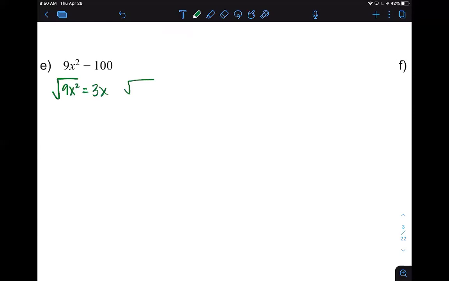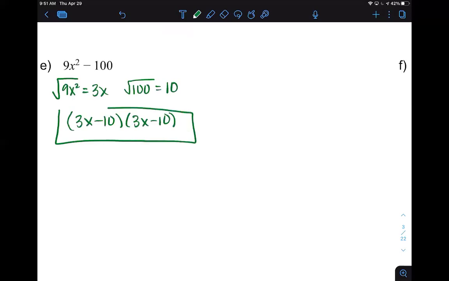The square root of 100 is 10. So then we can factor this: 3x plus 10, 3x minus 10. And that's your answer. Yep, it should be a plus. Sorry. 3x plus 10 and 3x minus 10.